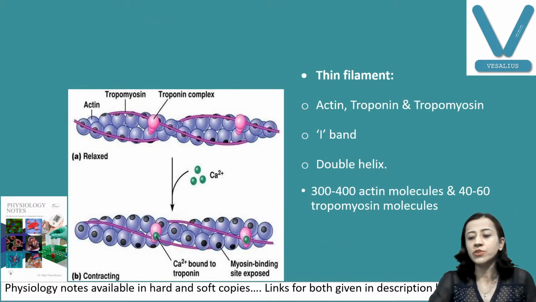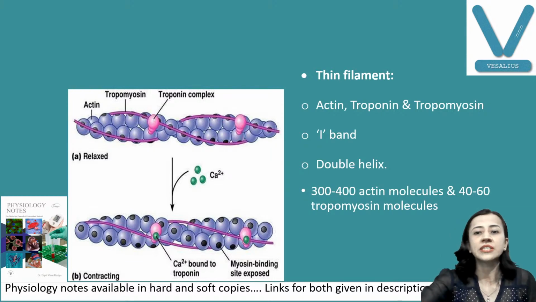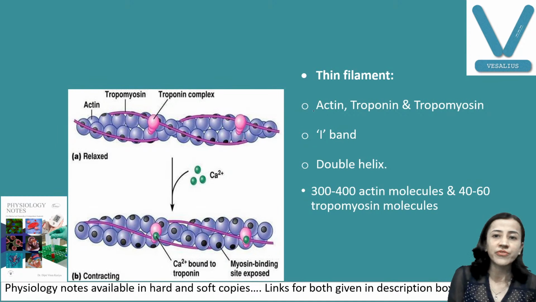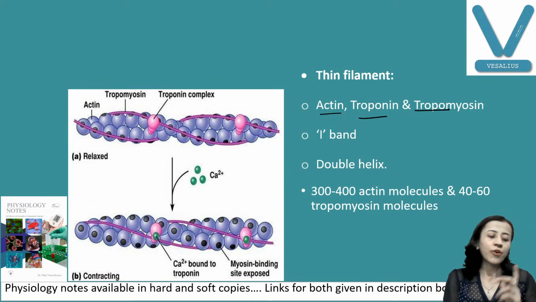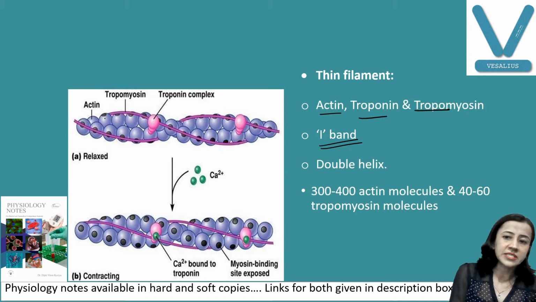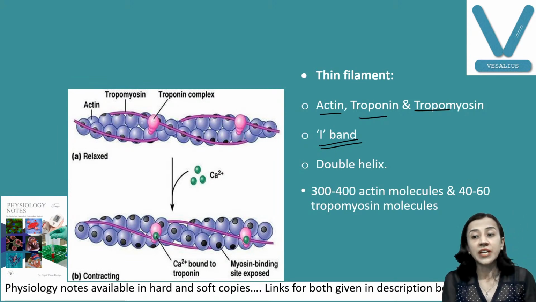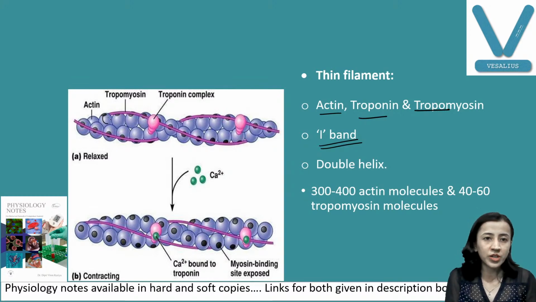Now we'll discuss thin filaments, or you can say actin filaments. This thin filament is made up of not only actin but troponin and tropomyosin. They form the I band in the sarcomere, isotropic to polarized light. Here you can see these actin filaments are arranged to form two chains of globular units. These are the globular units.